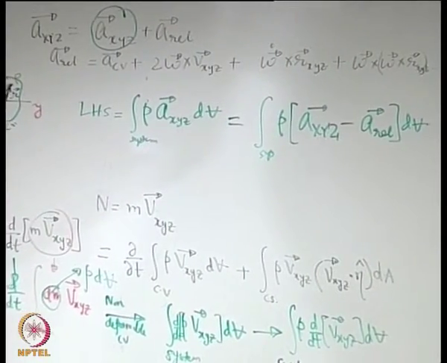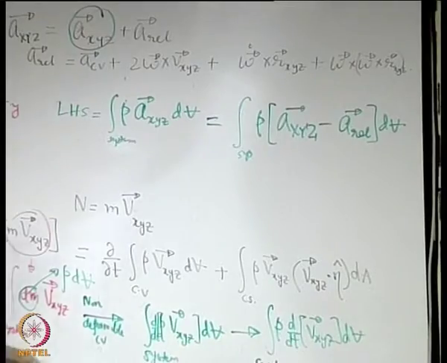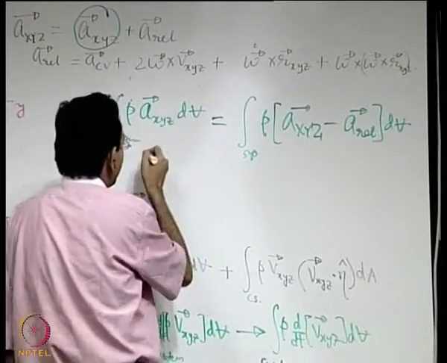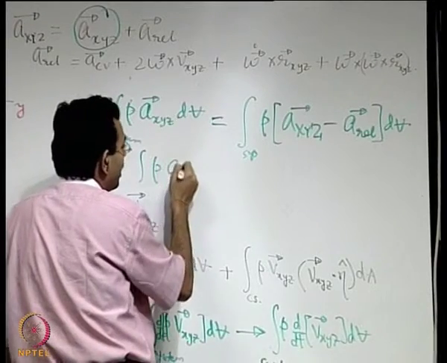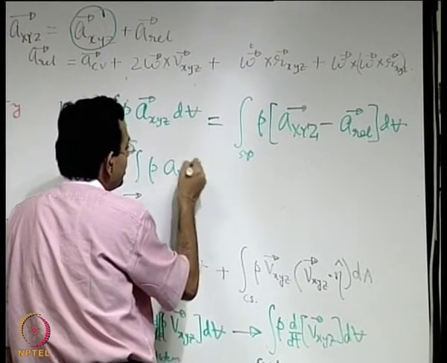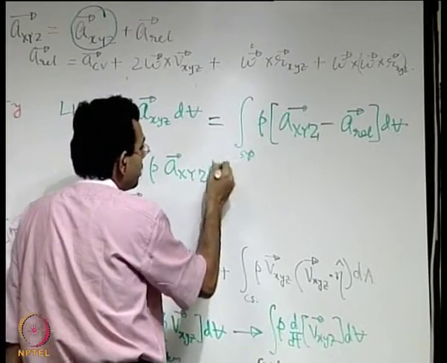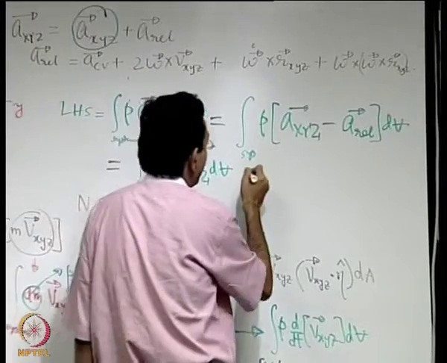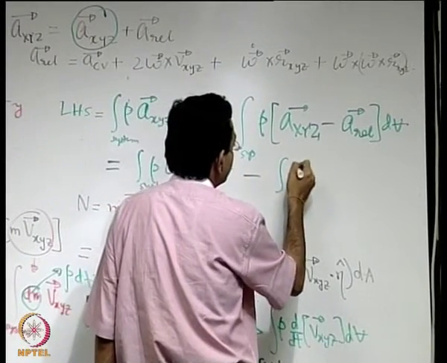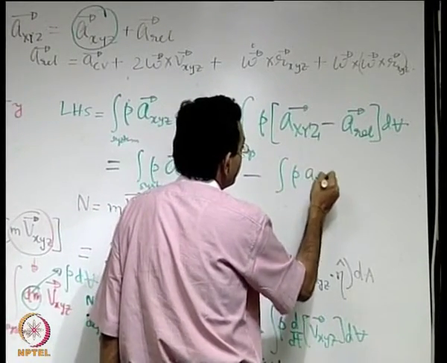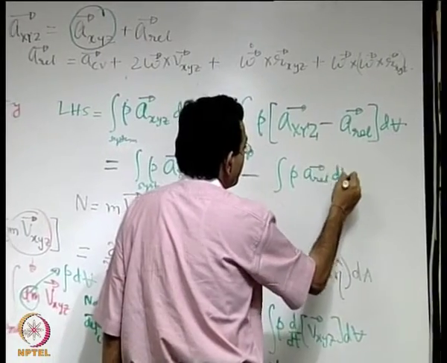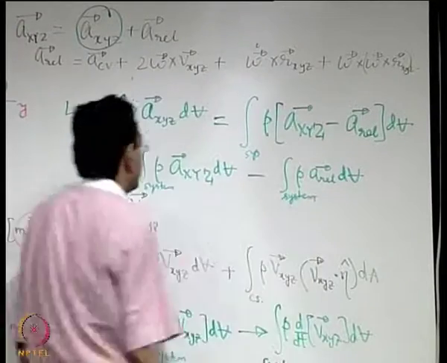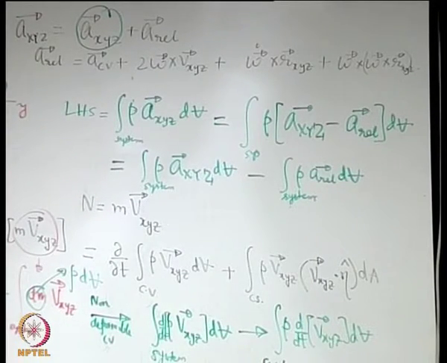So, when you take this integral of rho a capital XYZ dV for the system, and minus, then what are the implications of these two terms?